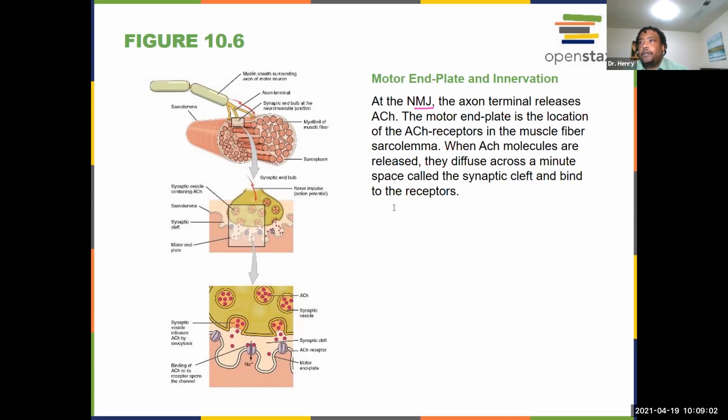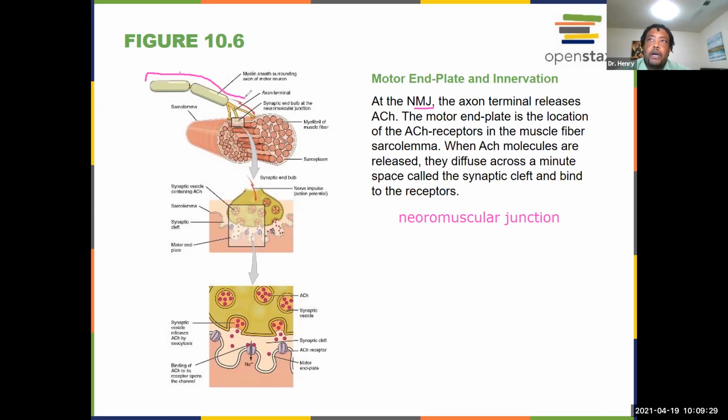We have what we call our neuromuscular junction. Okay, if you take a look at our image here, this is our nerves.